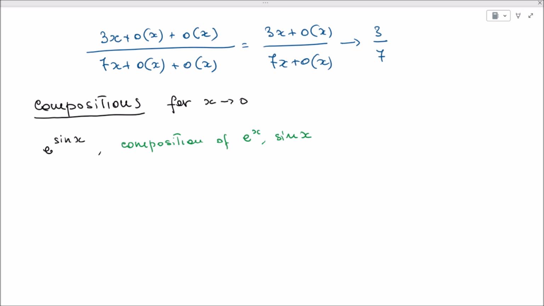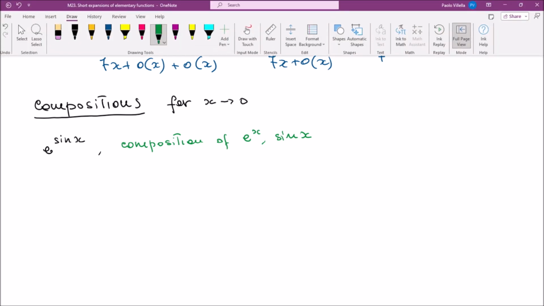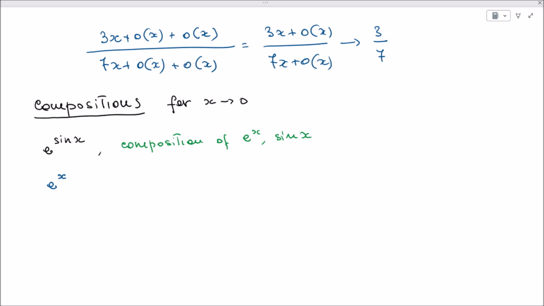What are we going to use for this? Well, we will be using the expansion of e to the x. We know that e raised to the x can be expanded as 1 plus x plus little o of x, right?